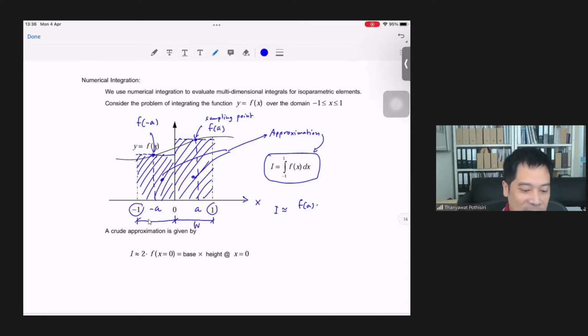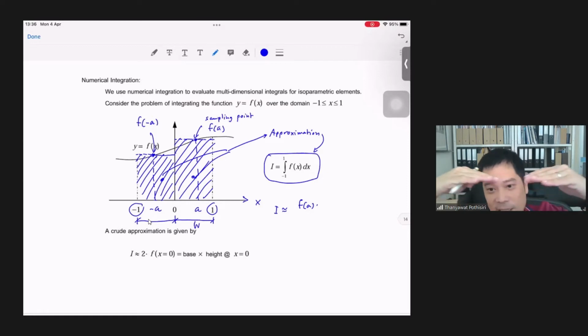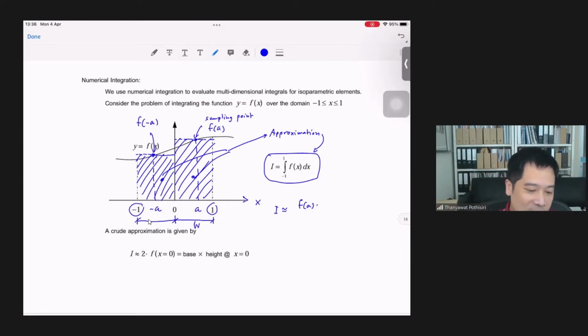Okay, so this is the base, or the width of the base of your domain, right? So in order to compute this area right here, so you just multiply this with w, okay? So you get something like this, right?